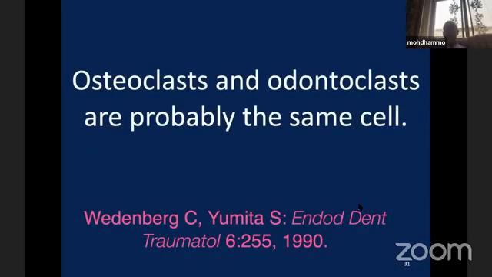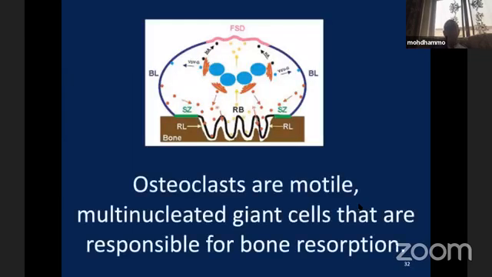When we talk about clastic cells, we have two types, osteoclast and odontoclast. They are probably the same. I did not find a lot of difference between those two types of clastic cells. The osteoclasts are motile, they are mobile.